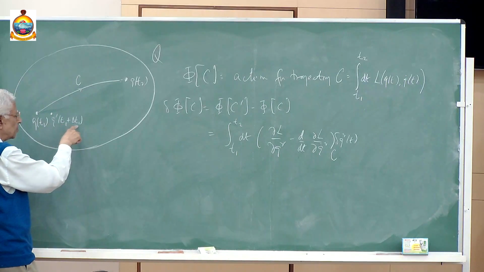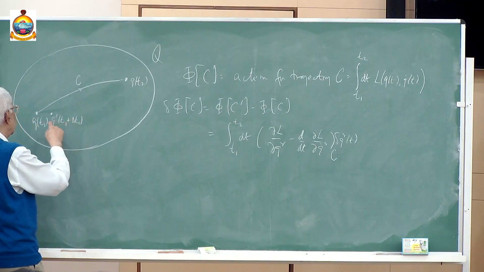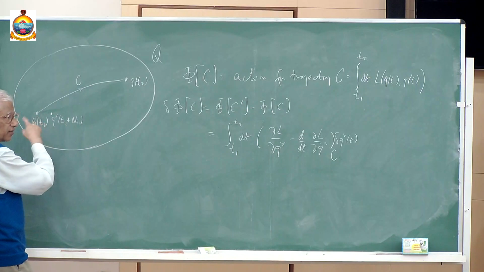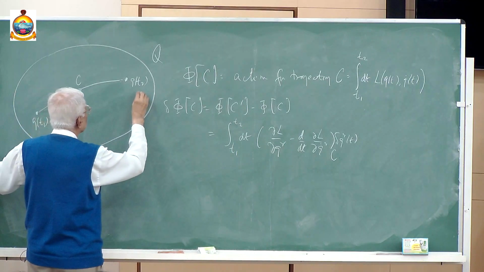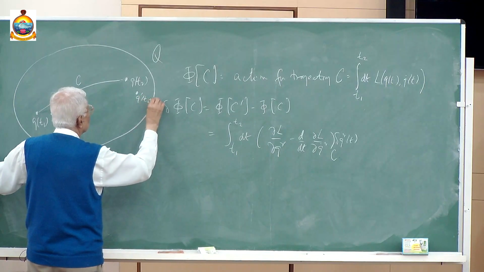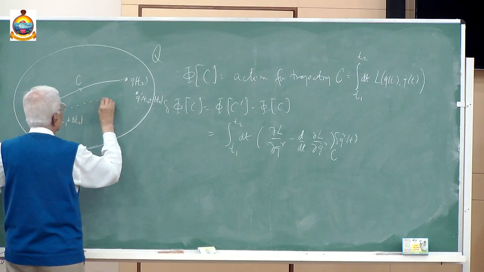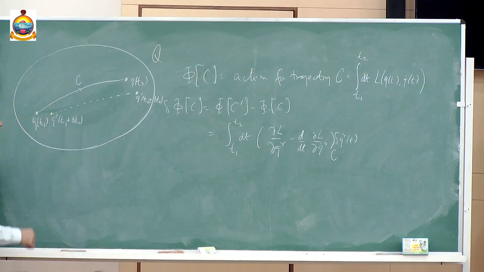We allow the initial time to vary by a small amount, and at that altered initial time, we allow the q also to vary from q of t1 by a small amount. And we say we will allow it to end here at a slightly altered final time.